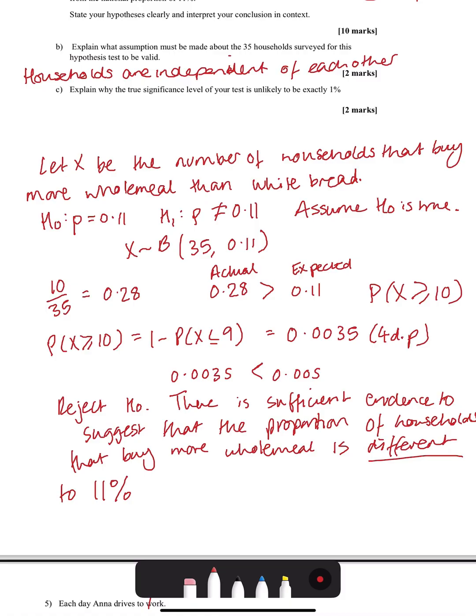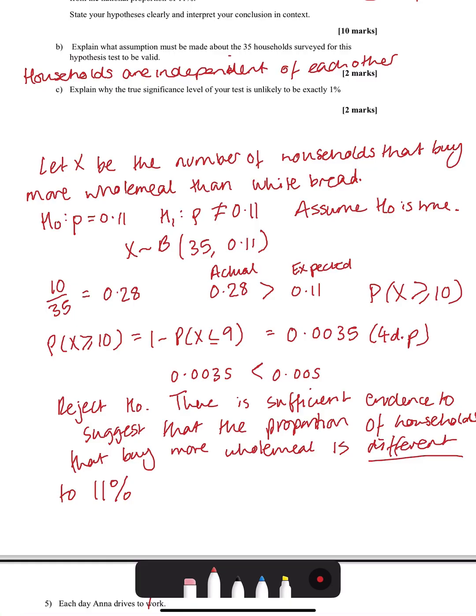C, explain why the true significance level of your test is unlikely to be exactly 1%. Well, it's because the binomial distribution values are discrete. So I can only look at exact numbers. So I can only look at 10 houses, 11 houses, 12 houses, 13 houses.